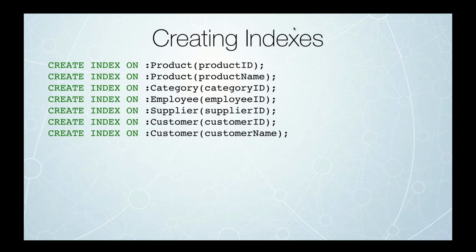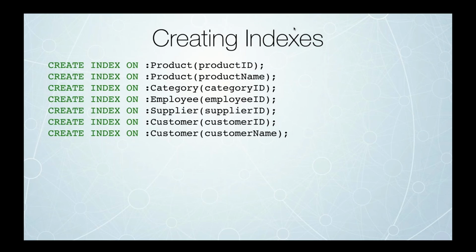Now, the next step is to create our indexes. Indexes in Neo4j are used a little bit differently from indexes in a relational database. In a relational database, typically we're creating indexes to facilitate joins, so values that we're going to be joining on.